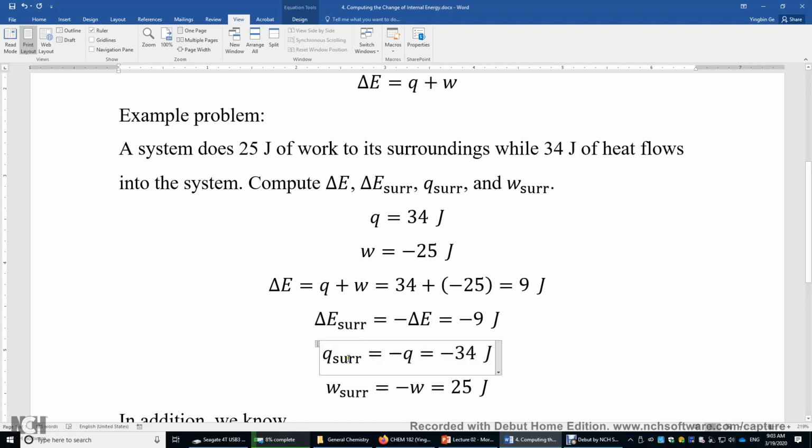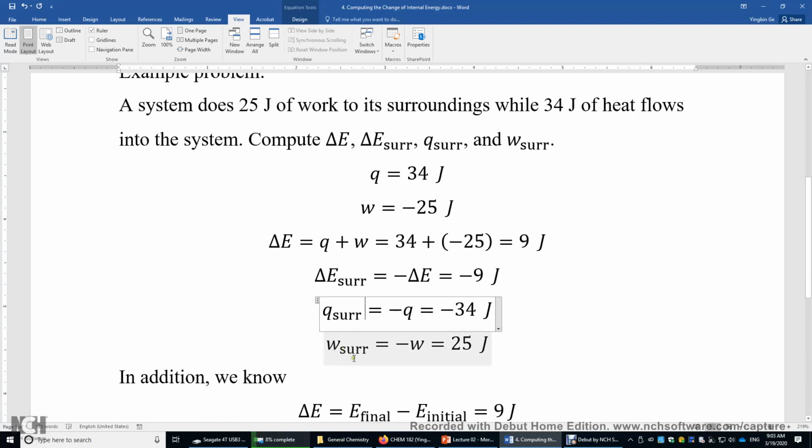Now, Q surroundings is always equal to negative Q. Again, in this case, if 34 joules of heat flows from the surroundings to the system, then we know Q surroundings is negative 34 joules, and Q of the system is positive 34 joules.